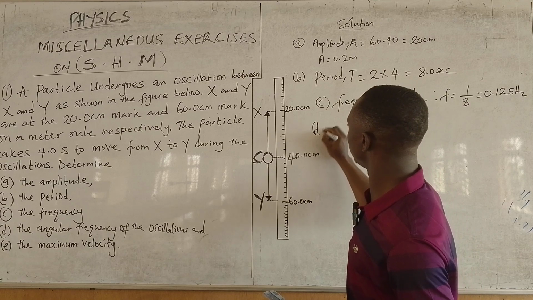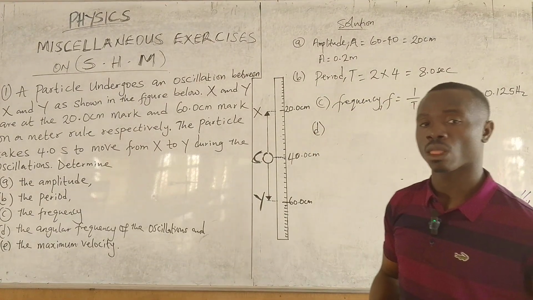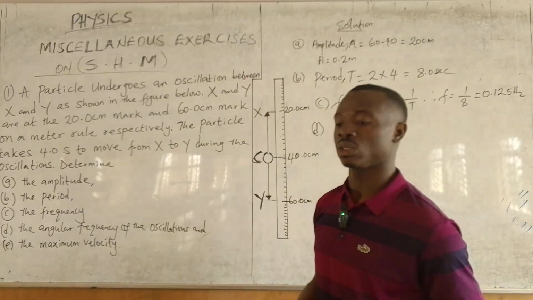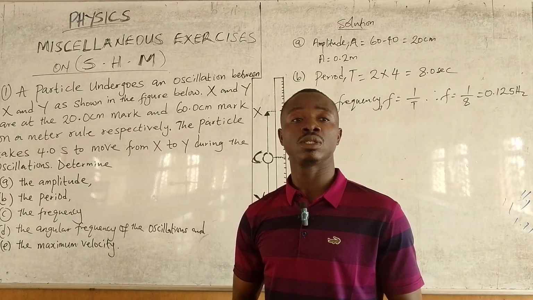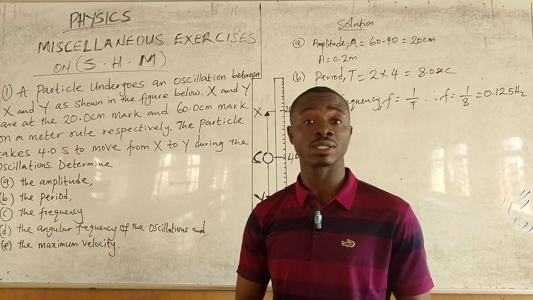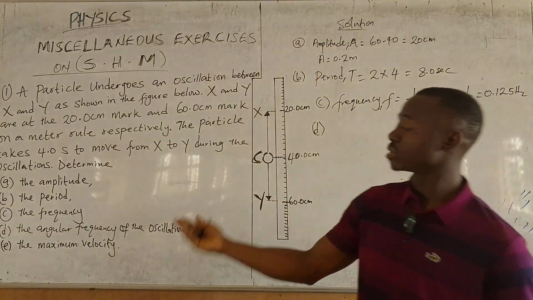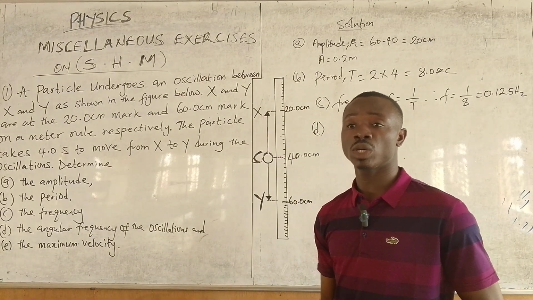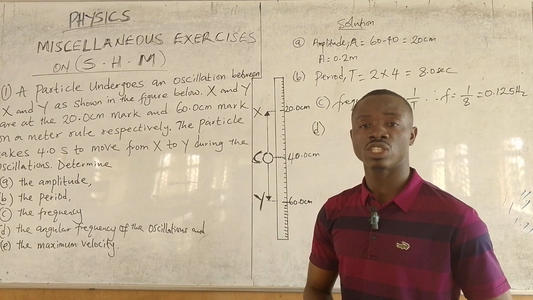Then part D of the question says the angular frequency of the oscillations. Now for your information, the angular frequency is also known as the angular velocity. What's the symbol for that? That's omega. Some textbooks will call it angular frequency, while some others will call it angular velocity. So the two can be used interchangeably.